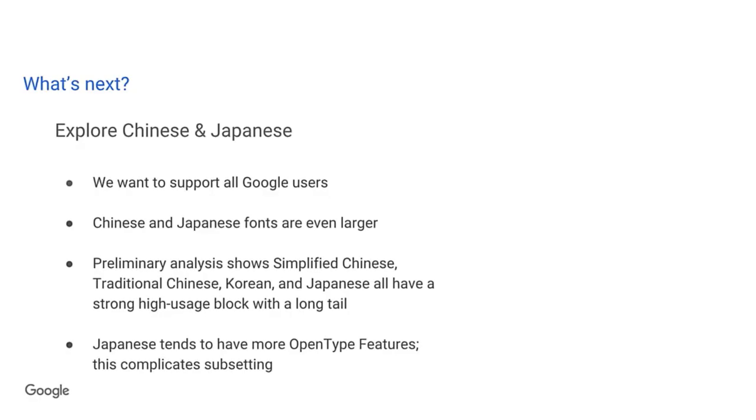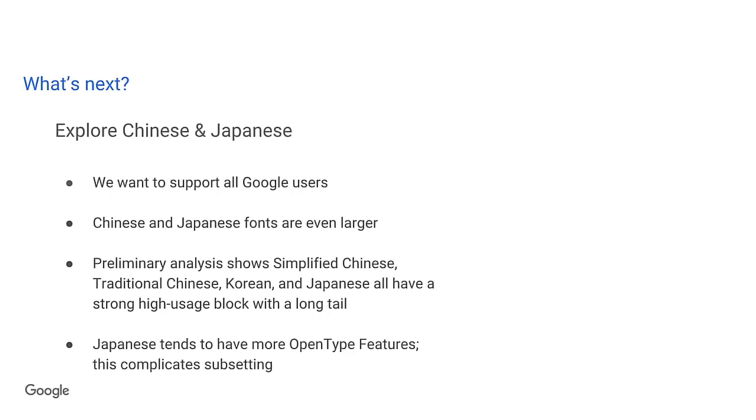And of course, we want to investigate Chinese and Japanese because we have users there as well. One piece of very good news is that we have done a preliminary analysis of the frequency of usage of characters in all 4 here. CJK somehow needs to expand to 2 Cs. I haven't quite figured out how to do that.